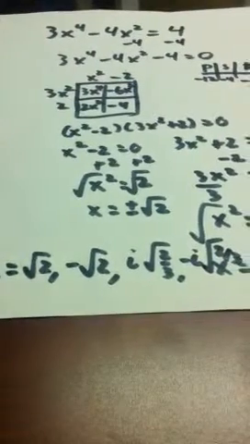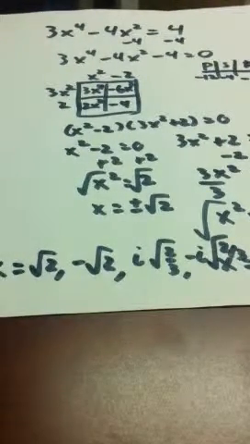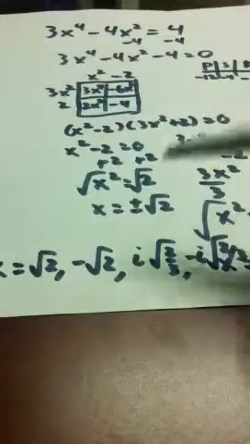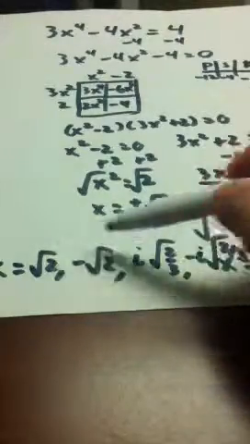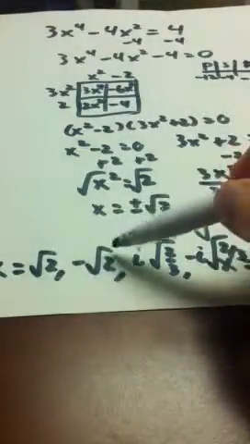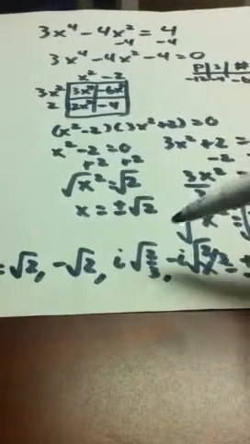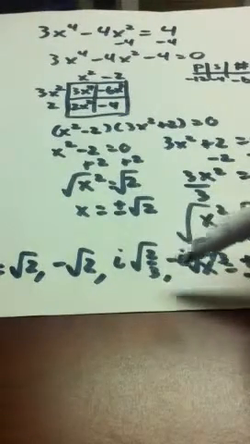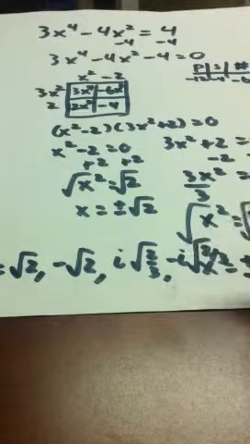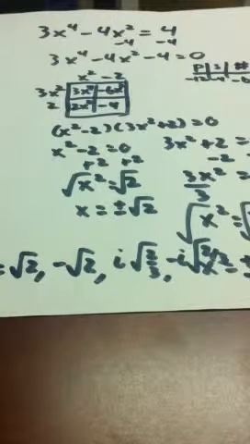Ran out of room a little bit there, but I think you get the idea. So 4 answers, 2 of them are real, the square root of 2, and the opposite of the square root of 2, and then 2 of them are imaginary. i times the square root of 2/3 and negative i times the square root of 2/3. And that's how you solve things that are quadratic in nature.